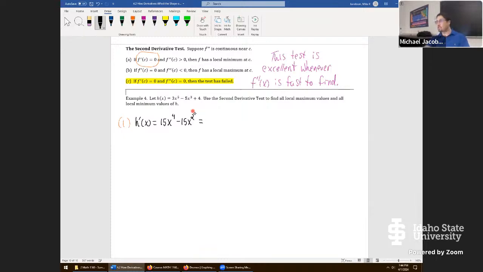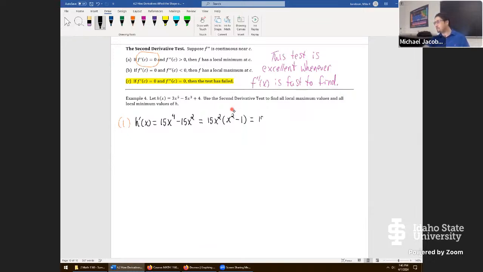We can factor out a 15x squared to start. So divide 15x squared from both terms, and we will get x squared on that term minus just a 1 on this term. Based on pattern recognition, you've probably noticed that's just another difference of squares, so we should factor that.